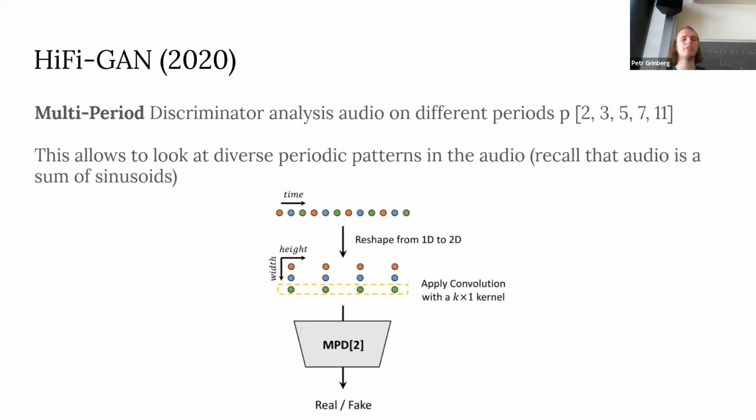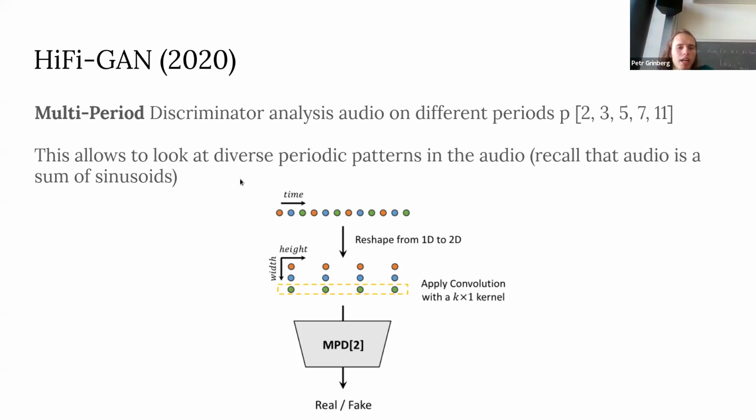For the discriminator, HiFi GAN has two discriminators. So two loss functions that are summed. One is called the multi-period discriminator, and it analyzes audio on different periods P. So audio is a sum of sinusoids, so it contains some periodic signals, and you want to look at these periods to maybe see some periodic information in your audio.